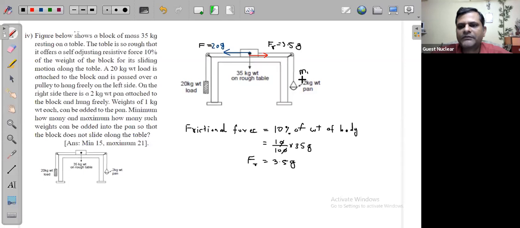लेकिन यहाँ पे ऑलरेडी पैन का वेट, पैन का जो मास है वो 2 किलोग्राम है, इसलिए ये टोटल मास यहाँ पे कितना हो जाएगा?